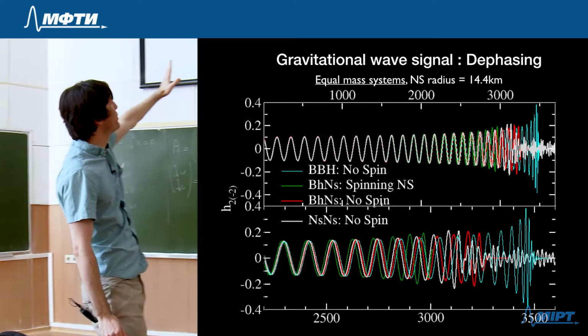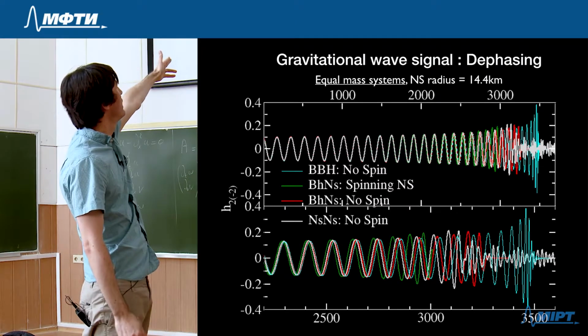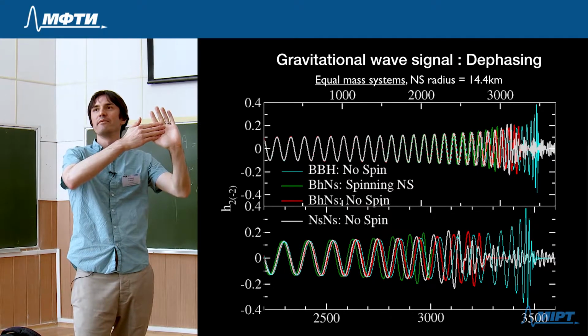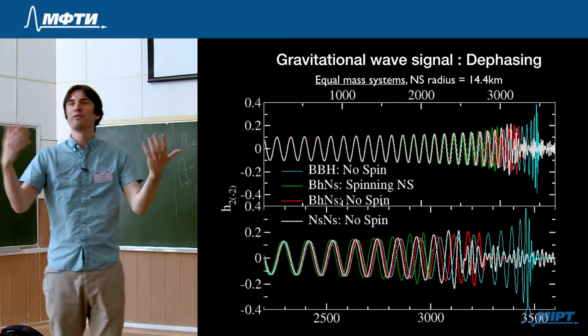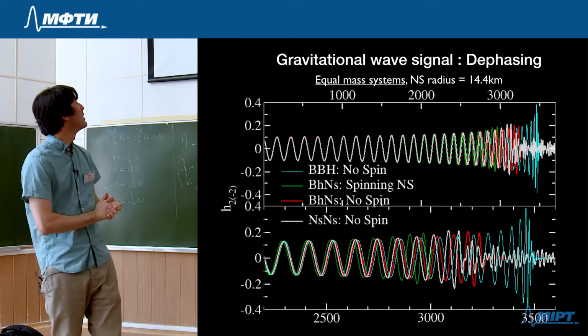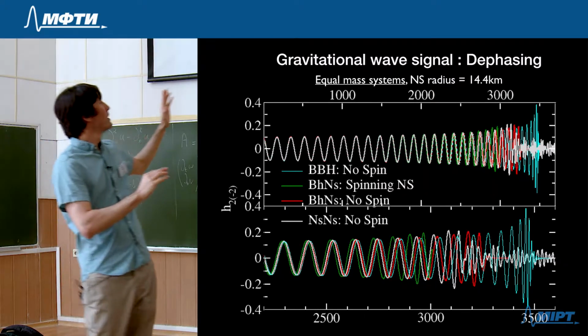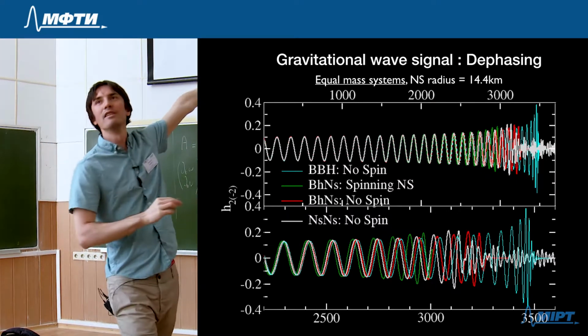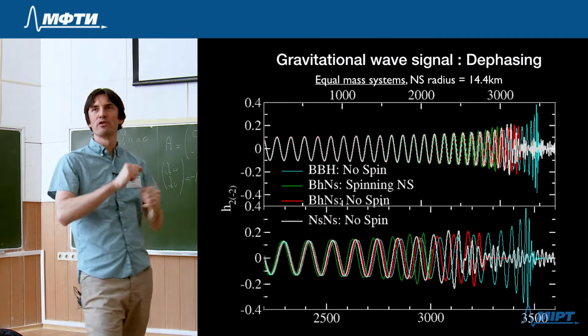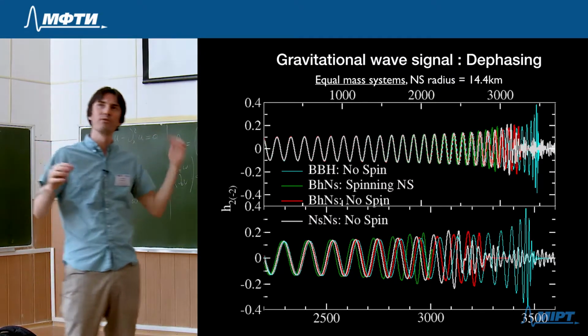And then you get within a few orbits of the peak of the merger, and you see that the red starts to evolve faster towards merger. And that's the effect of the tides. It's just extra energy loss due to gravitational wave emission. And then it also cuts off at a lower frequency and at a lower amplitude, and that's because the neutron star is ripped apart by the black hole, as we will see later.